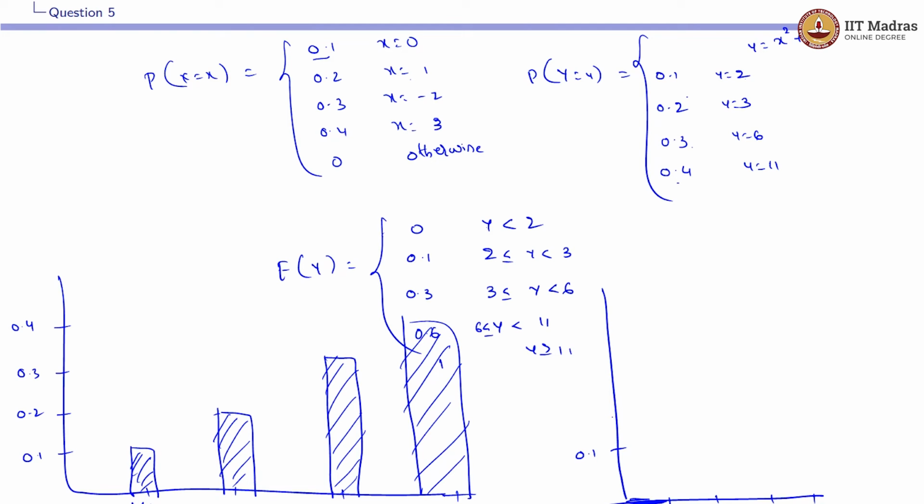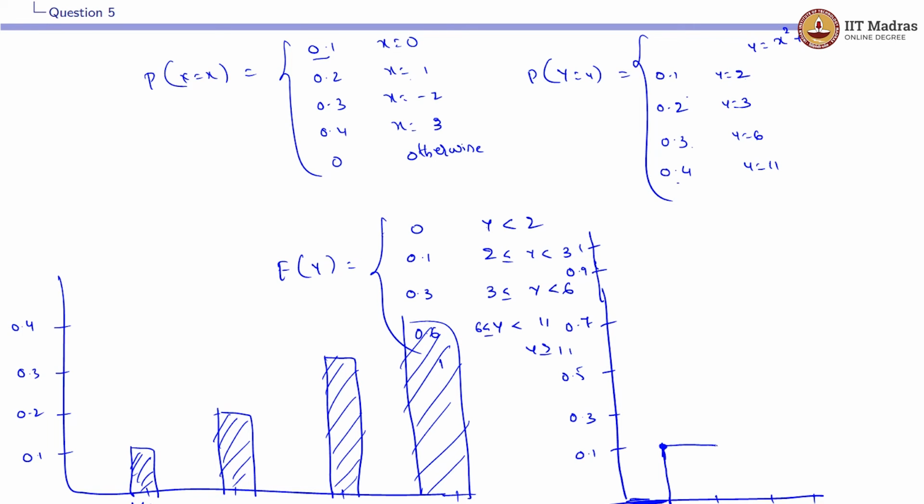Let's take these marks, 0.1, 0.3, 0.5, 0.7, 0.9, and somewhere around here 1. So for y equals 2, you'll have 0.1 probability, and until it is equal to 3, you'll have a probability of 0.1 there.